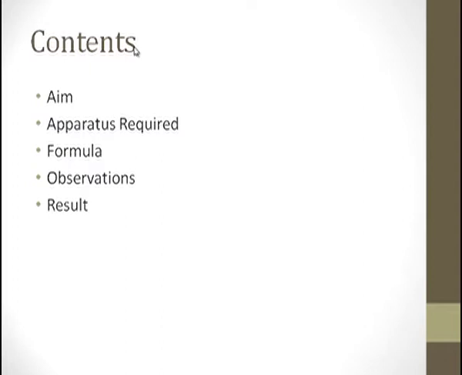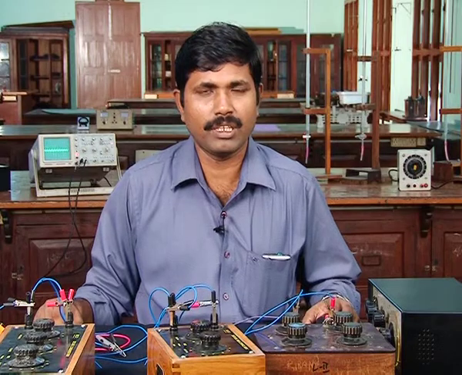By varying the input frequency, keeping the capacitor, resistor and inductor value constant, we will be finding the voltage across the capacitor for various input frequency observations. Then result analysis of this experiment. In this way, this lecture will be organized.